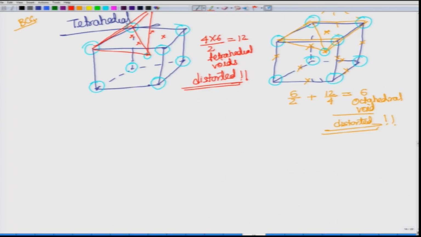Now, this is a very important concept. Before going, let me just summarize what we have looked at. We have seen tetrahedral and octahedral voids for FCC, and now for BCC, tetrahedral and octahedral.